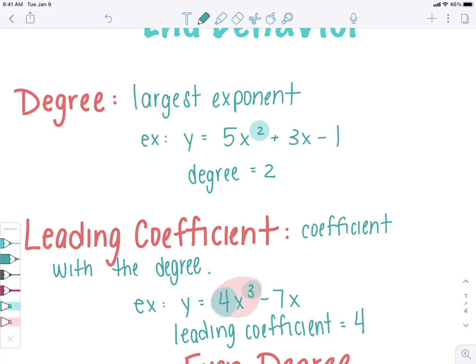So degree, biggest exponent, leading coefficient is the number in that term in front of the variable.